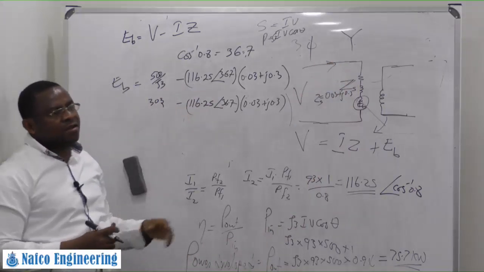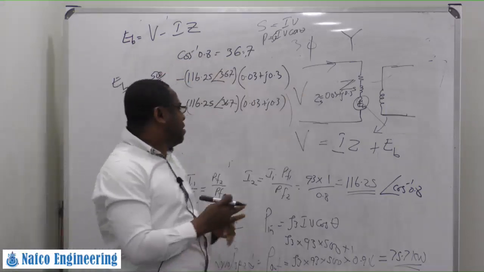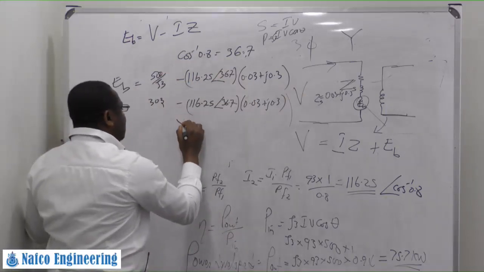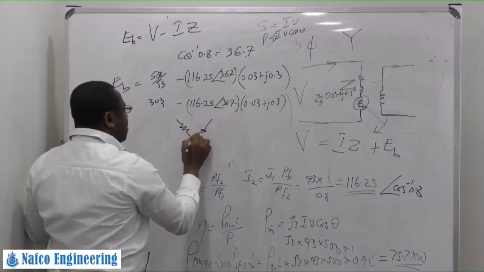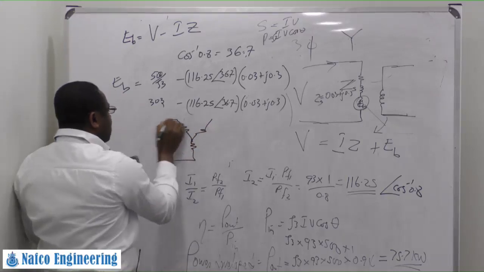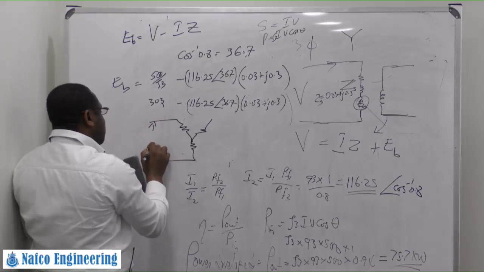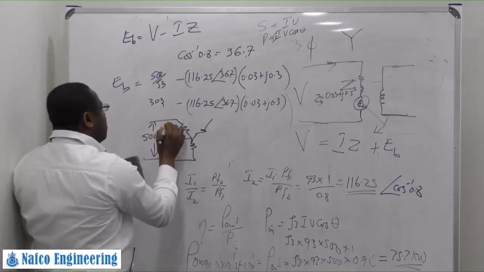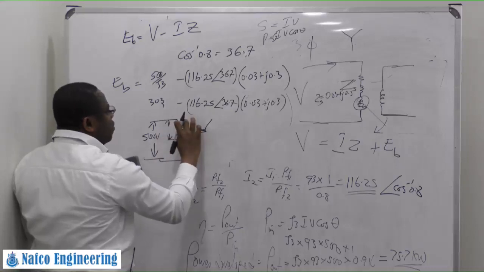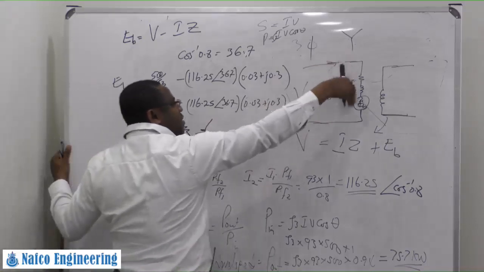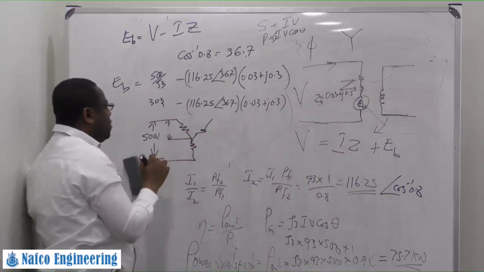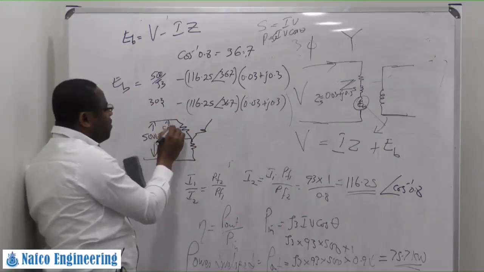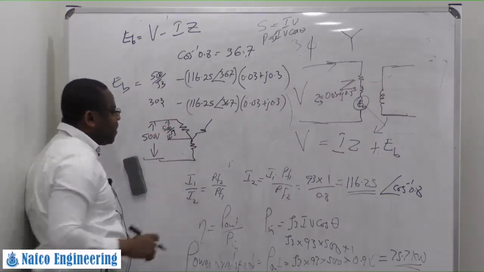Knowing that it's a three phase, and not only three phase, it's a star connected three phase, the voltage between the two lines is 500 volts, but now we've resolved that to a single phase only, one winding. So the voltage there is 500 over root 3.